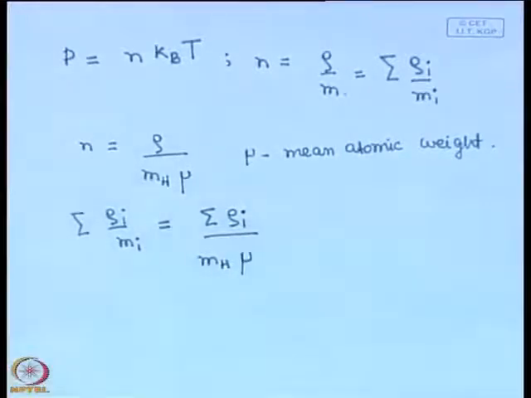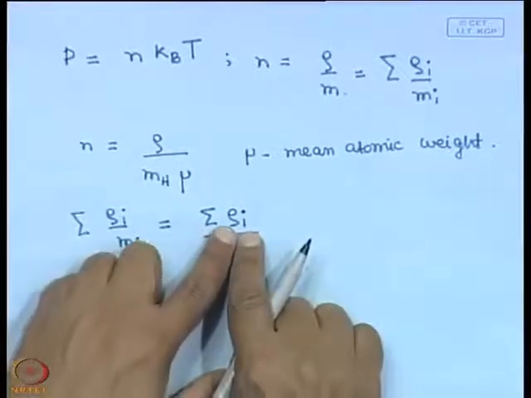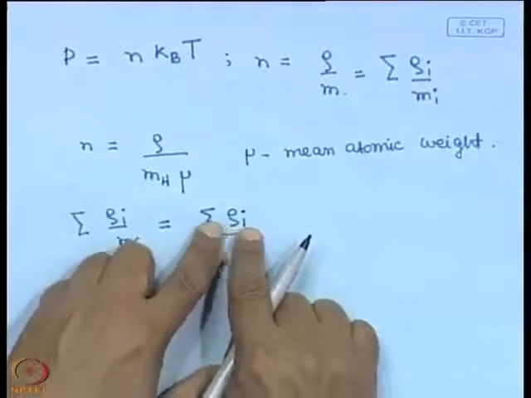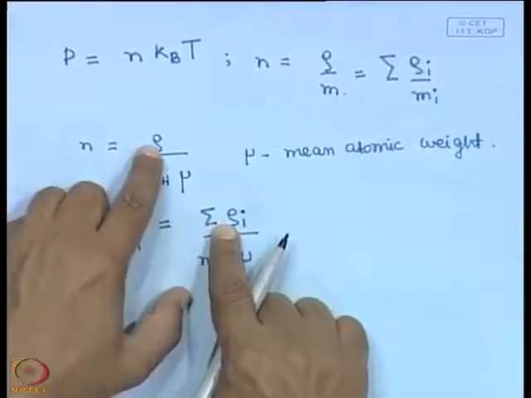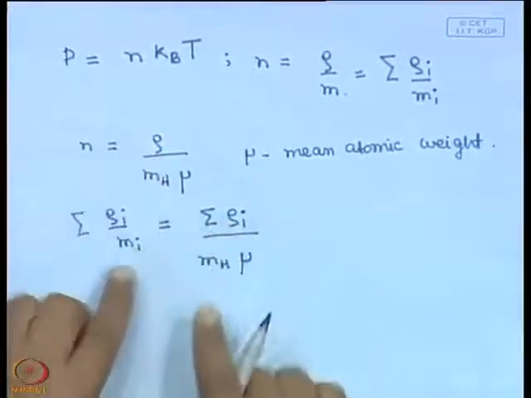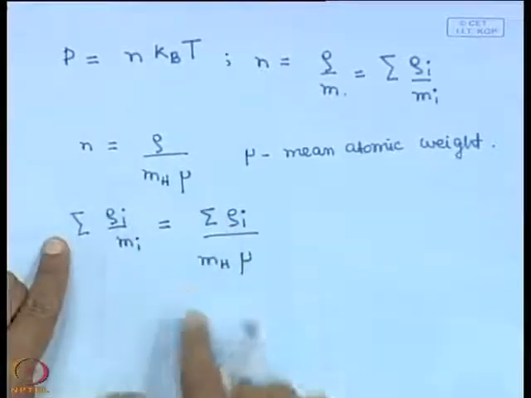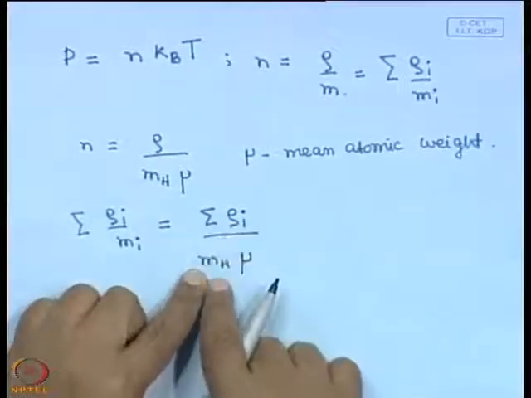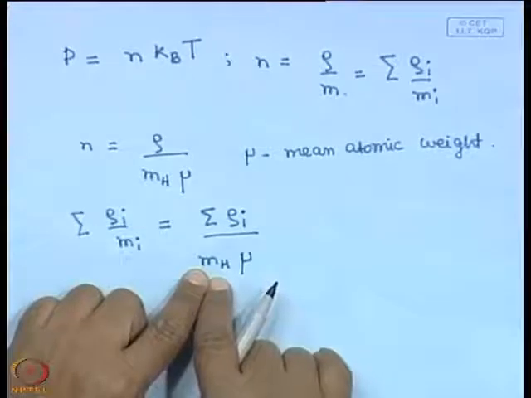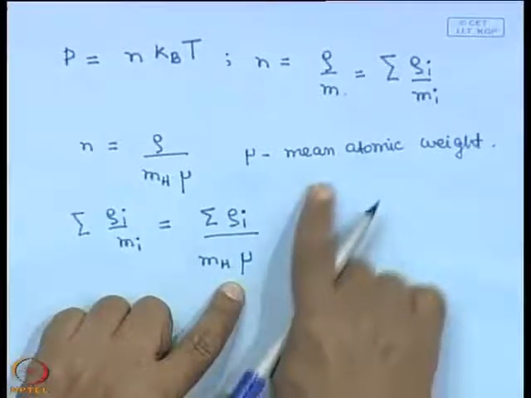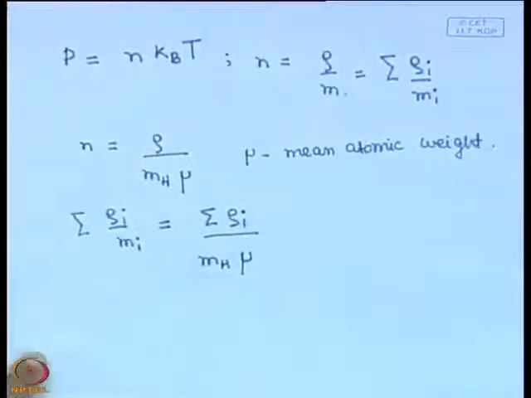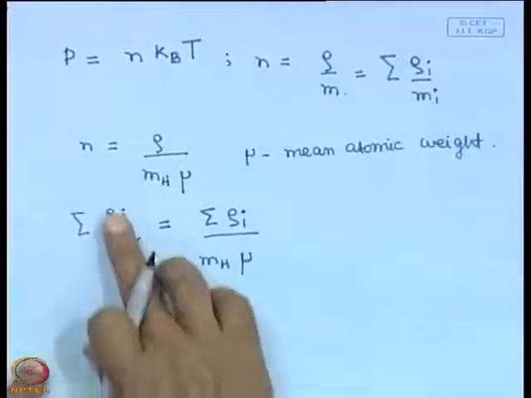That is what we have done. If there are many components, the sum of the densities of all the components is the total density rho, and the number density we have expressed like this. So it is the total density divided by the mass of the hydrogen atom divided by the mean atomic weight. Okay, so we have just expressed this term like this.